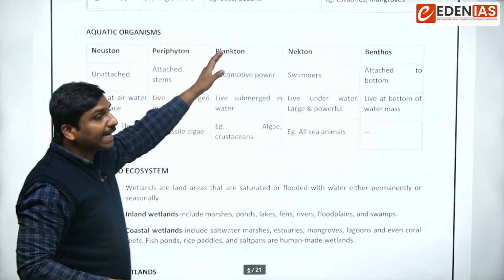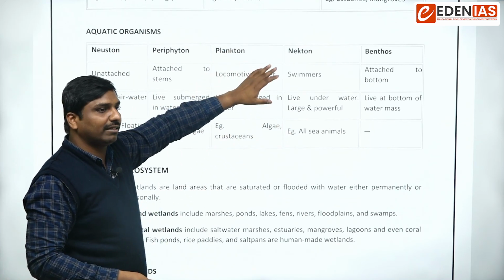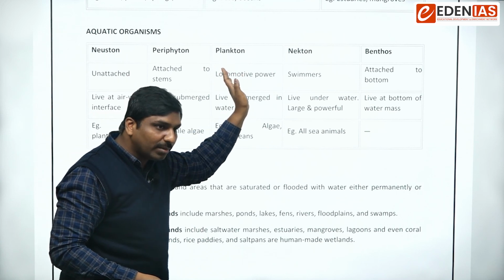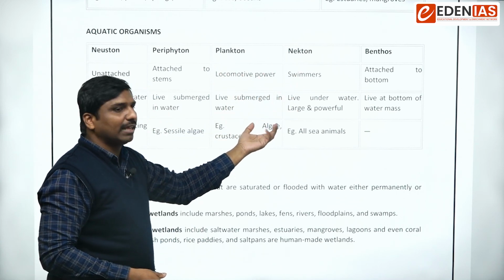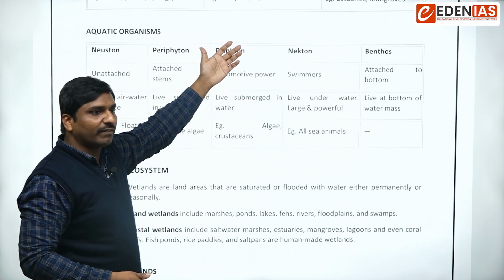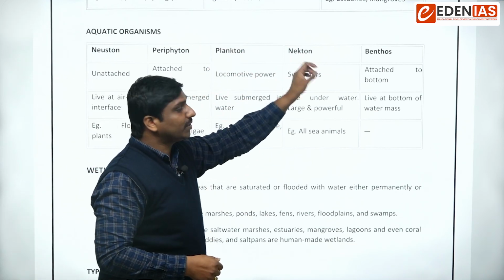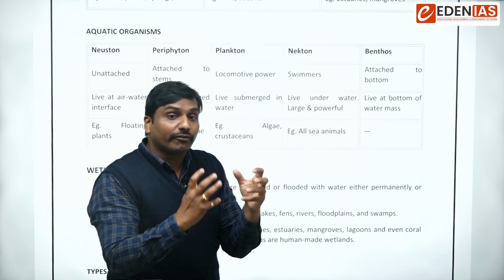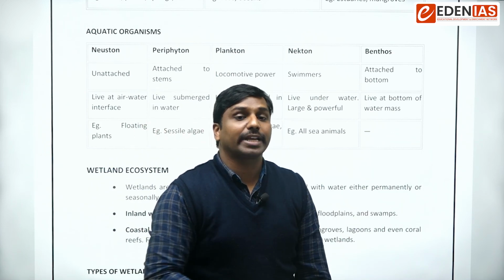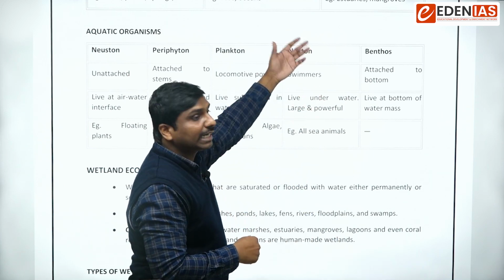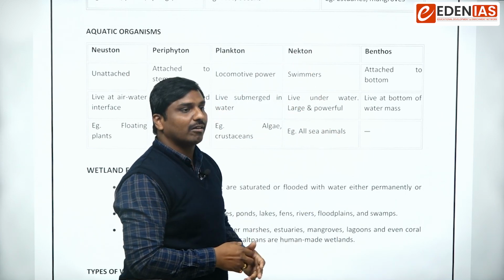Likewise, planktons. You are aware of phytoplanktons and zooplanktons. They have the ability to move. Examples are algae, and crustaceans like phytoplanktons and zooplanktons. And nektons means free swimmers. They can swim in the water. All sea animals are nektons.